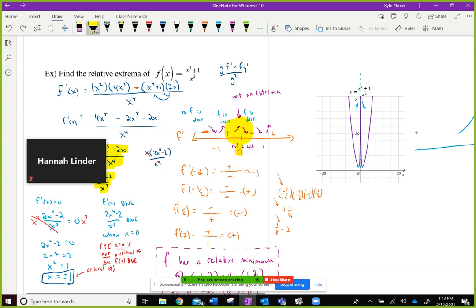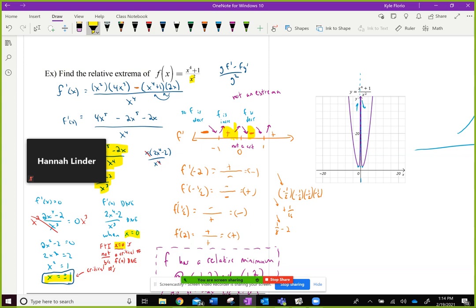For us, those numbers were ±1 and 0. Although the derivative didn't exist at 0, it was not a critical number because you can't plug 0 into my original function. So you're not going to have an extrema there, but you could have a sign change. And that's what happened. We went from increasing to decreasing.